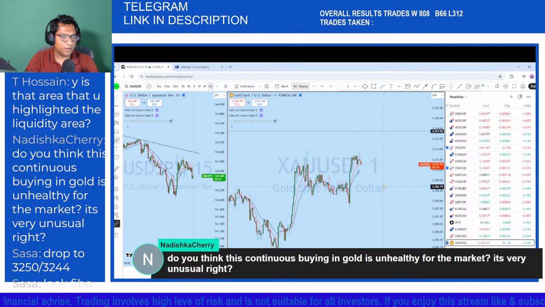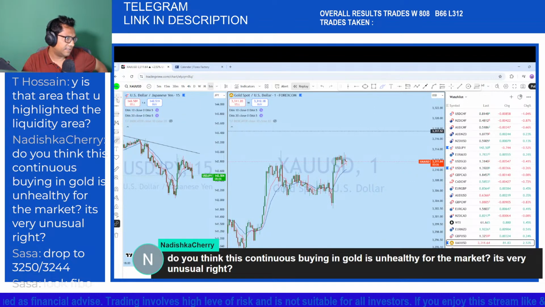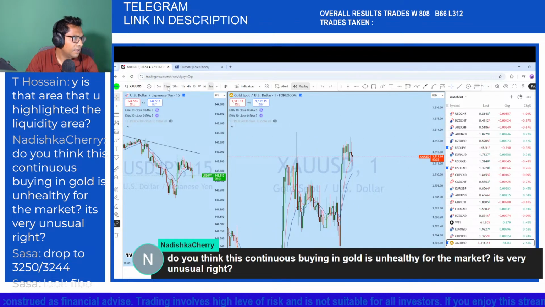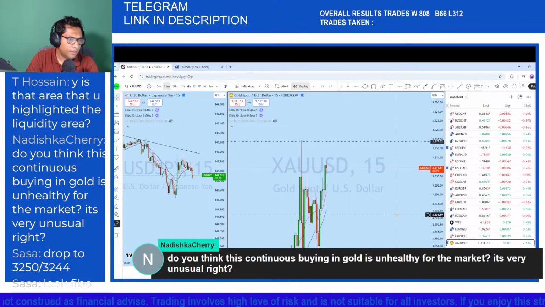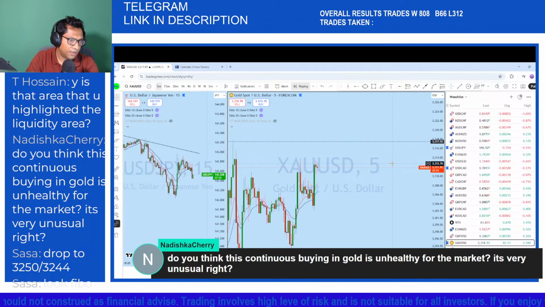So the primary goal here is to see that the market has created a stronger momentum before we look for any position.